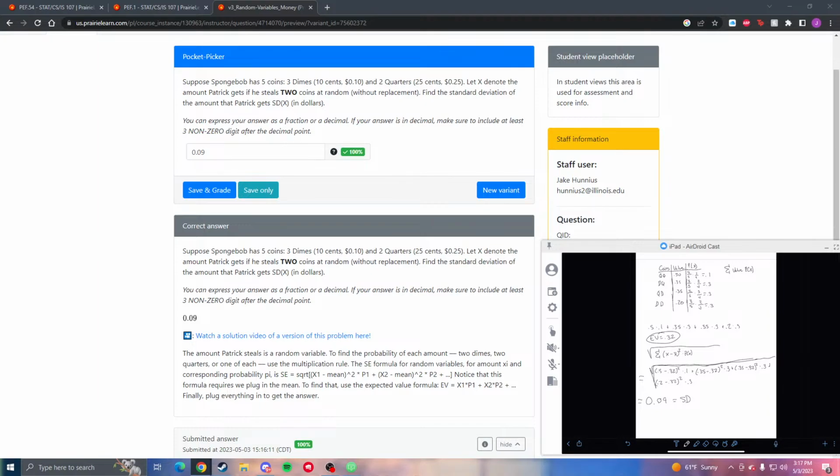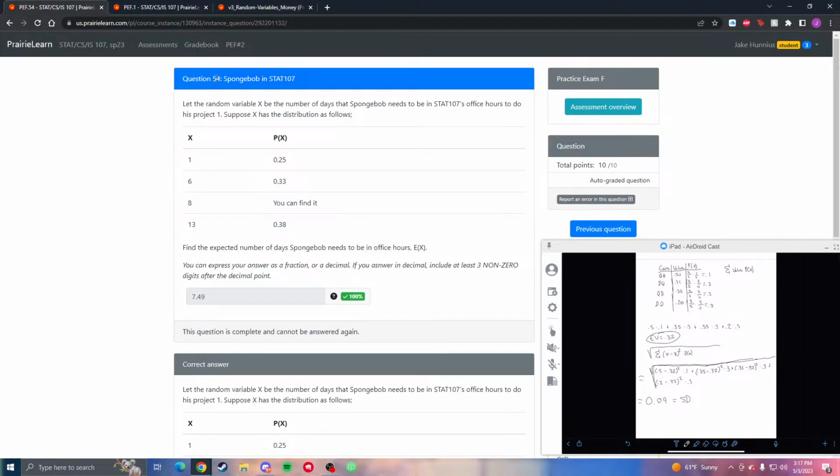Do you have the name? Like, see how this one is titled Pocket Picker, and this one is SpongeBob and Stat 107. Do you have the name of that? Oh wait, no, I found it. Never mind.